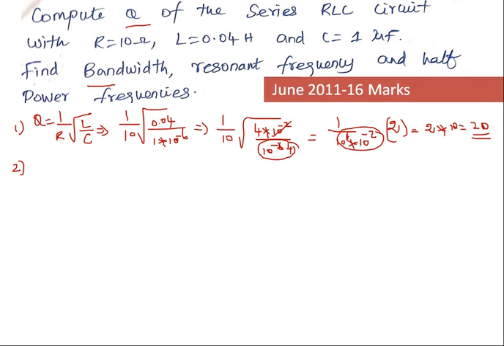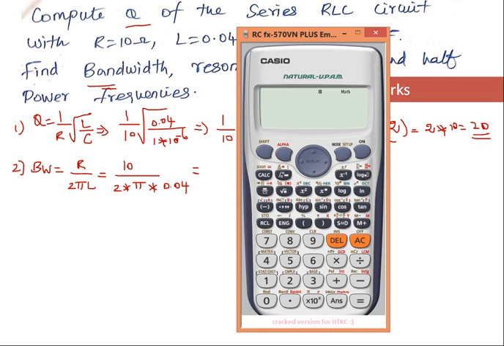Find the bandwidth. Bandwidth is equal to, let us recall the formula, R by 2 pi L. So resistance 10 ohm, 2 into pi into L value 0.04, which is equal to, using calculator, 10 divided by 2, which is equal to 5, divided by pi, divided by 0.04, which is equal to 39.788 hertz.